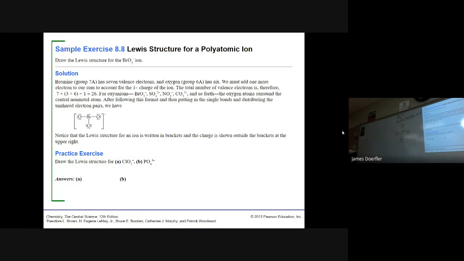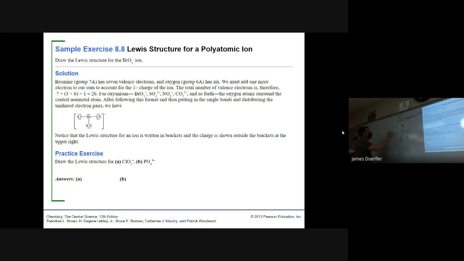Okay? Now, according to the steps from yesterday, I then have to fill the octets of the outer atoms. And so far, each outer atom has 2. So how many do they need to fill the octet? 6.